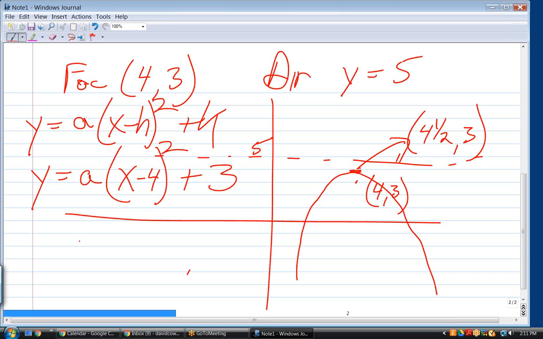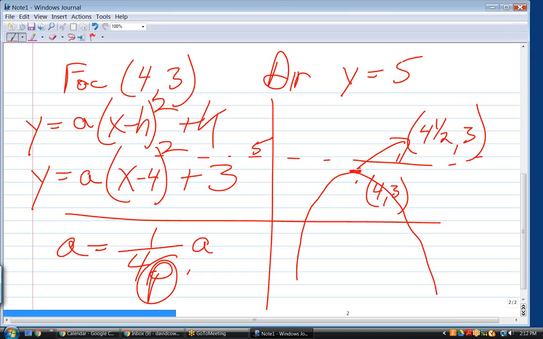Well, in my world of mathematics, a is equal to 1 over 4p, with p being the distance from the vertex to the focus. I can see that that distance is 1/2. And in fact, it's minus 1/2.